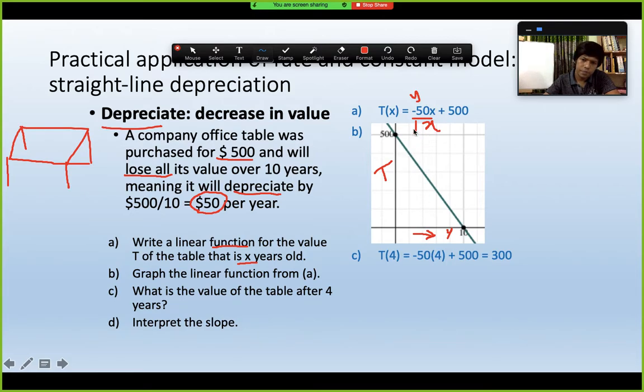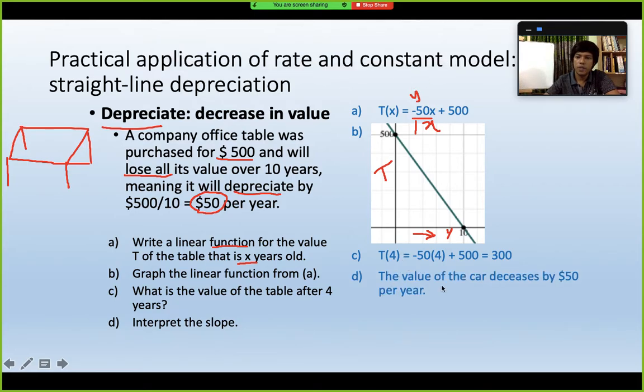That means for 1 unit change in the x-axis, which is years, the change in y, in this math our t, is negative 50. Or if 1 unit increases in the x-axis, in the y-axis 50 units decrease. There are many ways we can say this answer.